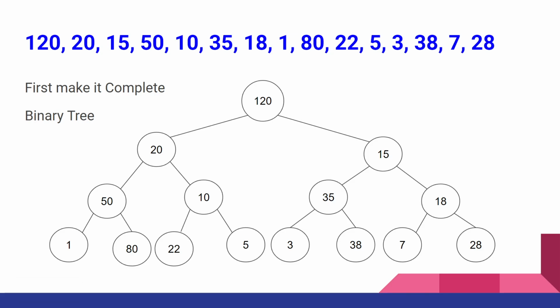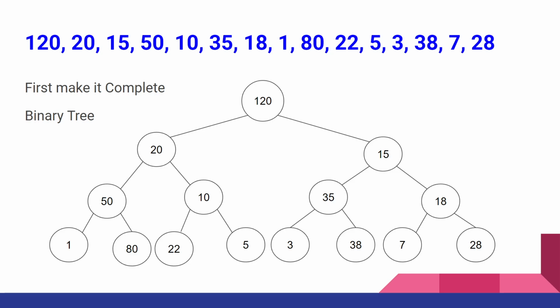In the other case, if the root is the lowest key, that is the lowest number out of all, and similarly the parents are lower than the children in key value, then it becomes a min heap. Okay. So in this program we are going for the min heap.